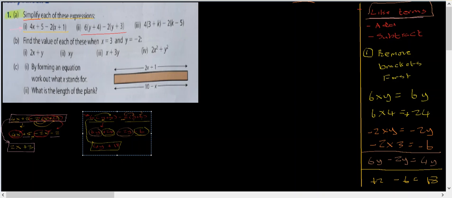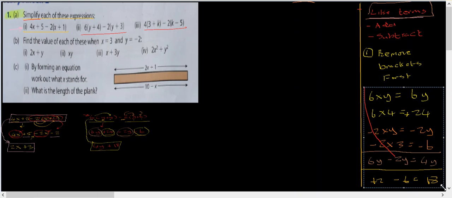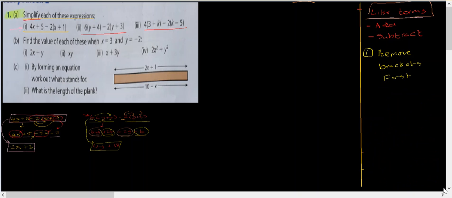So the next one we want to look at is this one here. Again, I'll get rid of these calculations so I can continue. Okay, so the first thing we'll do is write out the expression.